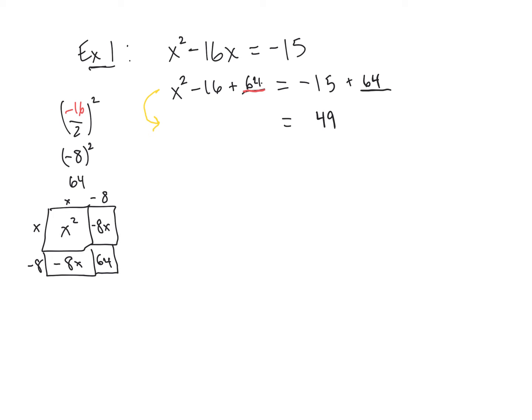So like to get into this box here, I'm doing -8 times x. And so similarly with the other parts, right? So I can really rewrite this as x minus 8 times x minus 8, or x minus 8 squared.